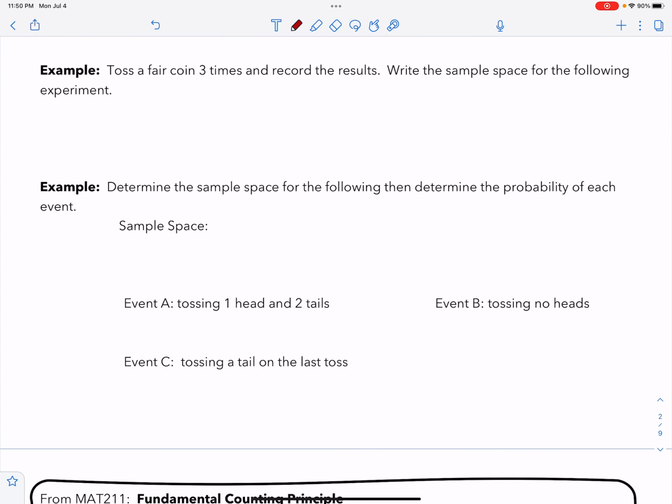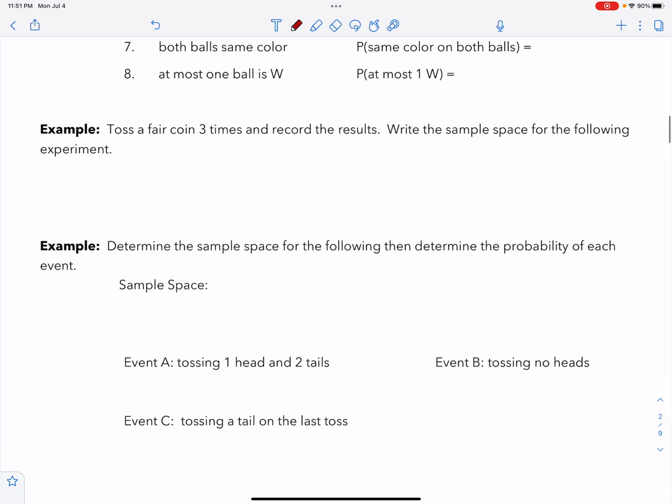And so here's our next example. Toss a fair coin 3 times, record the results, and write the sample space for each of the following. So the first thing I'm going to do is make a tree diagram just so you can see how these correspond. So I'm tossing a coin 3 times.